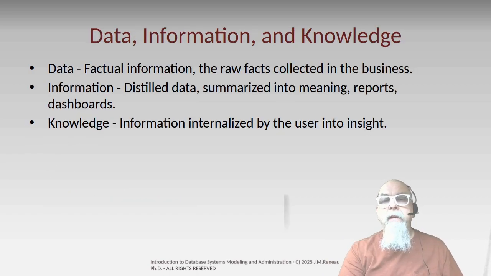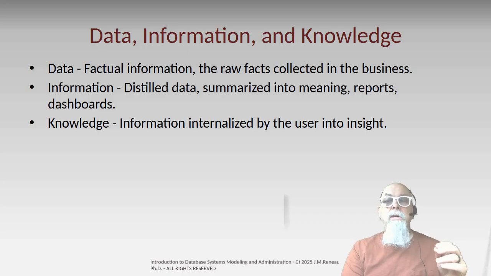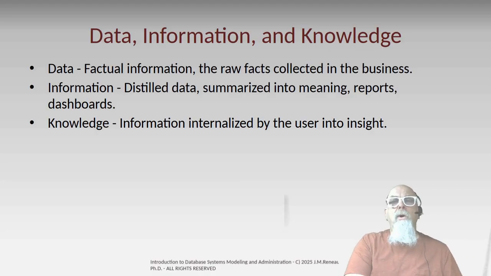Another really important definition, and three words that we really need to know and need to use correctly in all of our systems and our design and our data modeling and our databases, are the words data, information, and knowledge. Data isn't a robot found on Star Trek Next Generation.